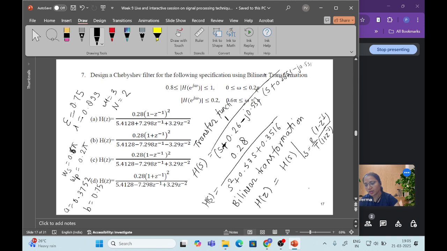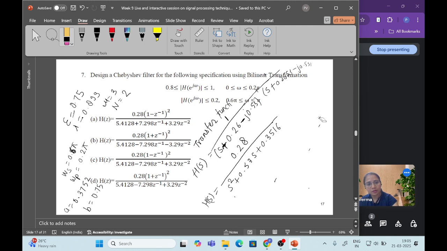In place of s, just put these values. Okay, and then divide and multiply it. So in the place of s I am going to put these values, then we will see. So here you will get 0.28, s is equal to 2 by T. So T is 1, we have taken in the previous itself.